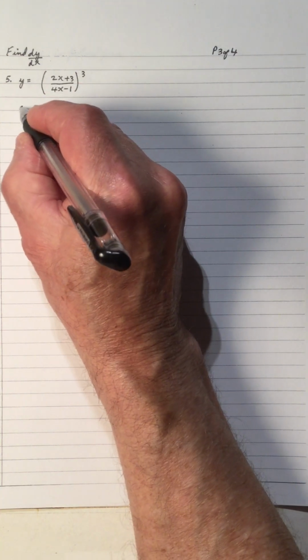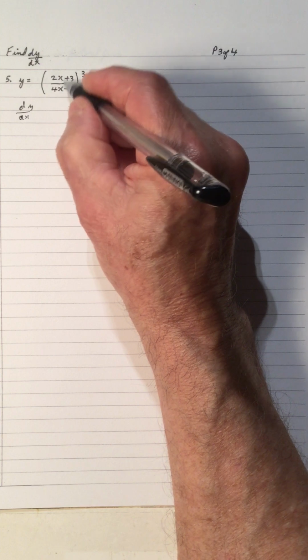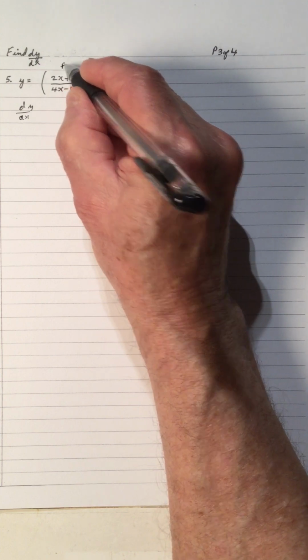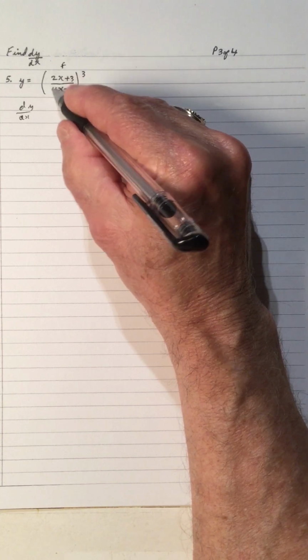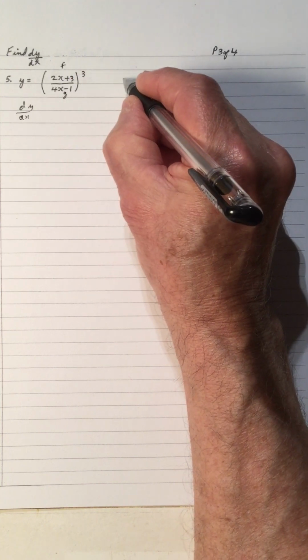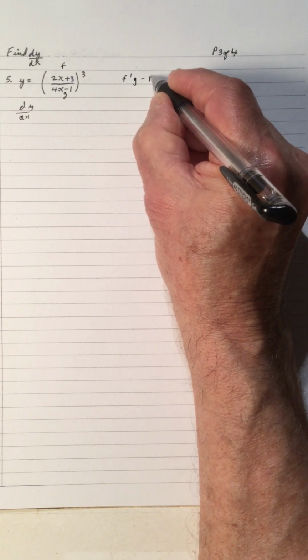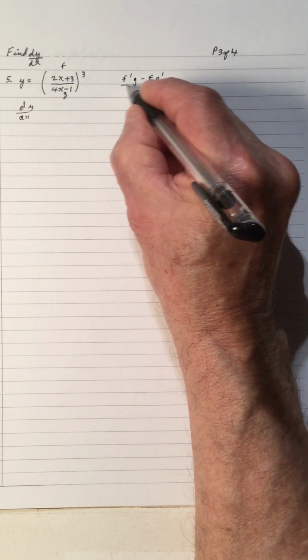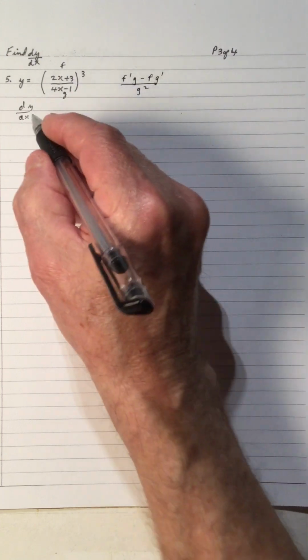So dy dx, notice this is a division, so this is the f and this is the g. So when you do the derivative of this inside, you're going to do f prime g minus f g prime all over g squared when we get around to doing the derivative of the inside.